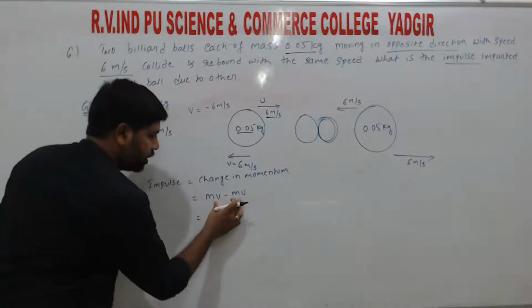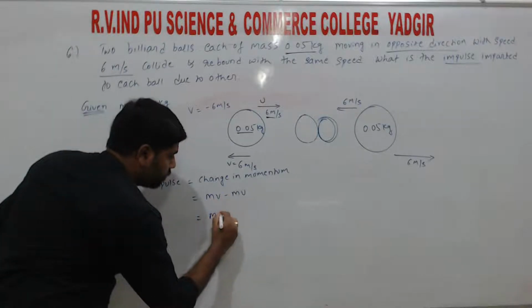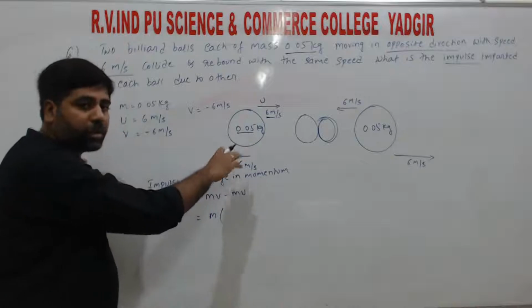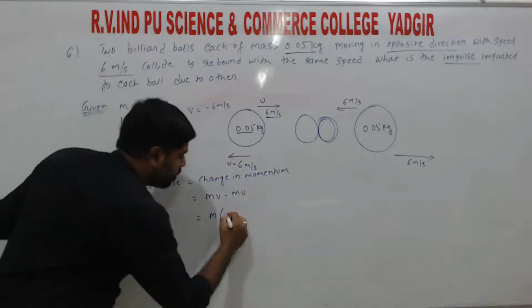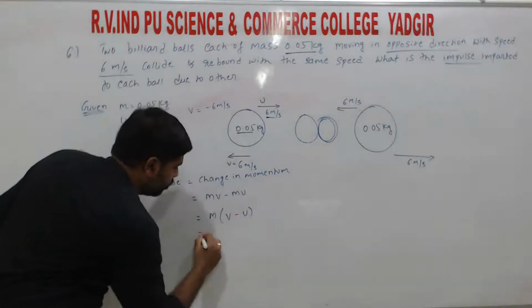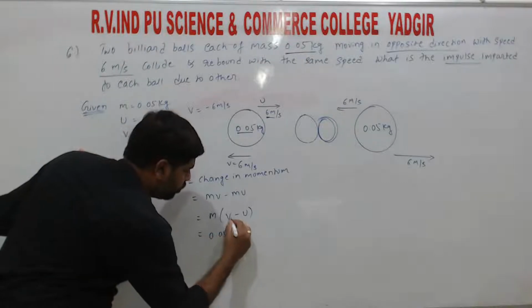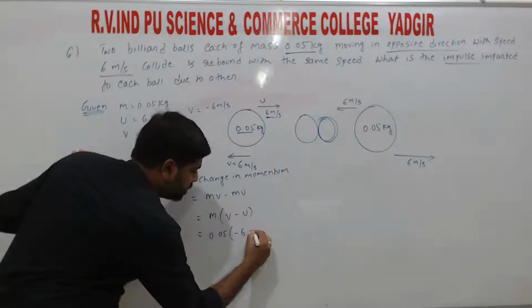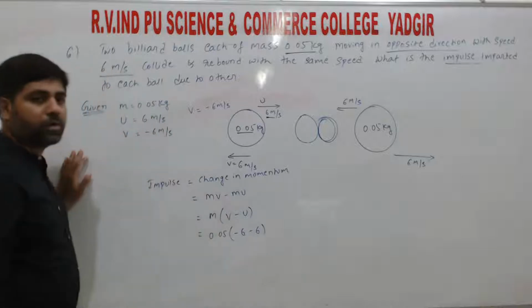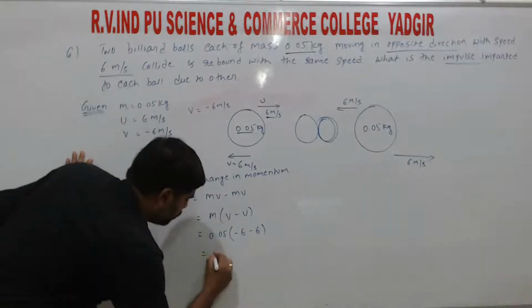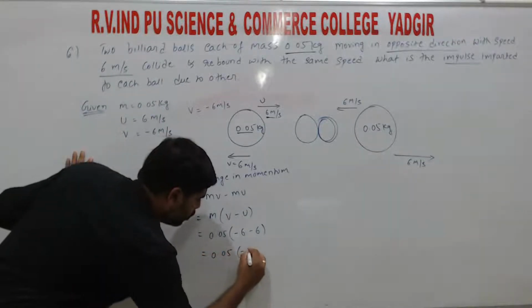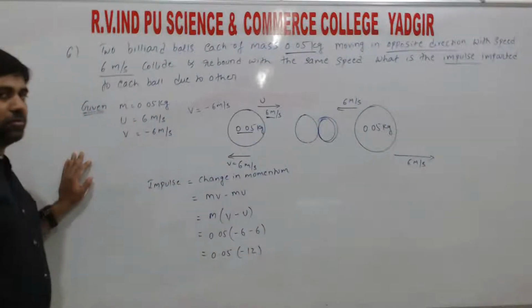Here m is common, since the masses are the same before and after collision, so impulse is m times v minus u, that is 0.05 into minus 6 minus 6, so 0.05 into minus 12.